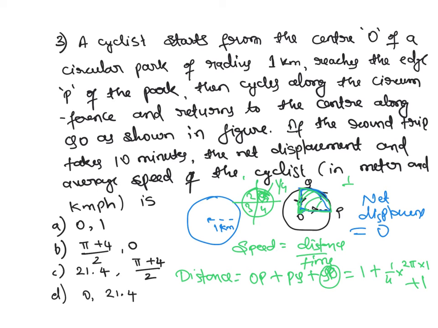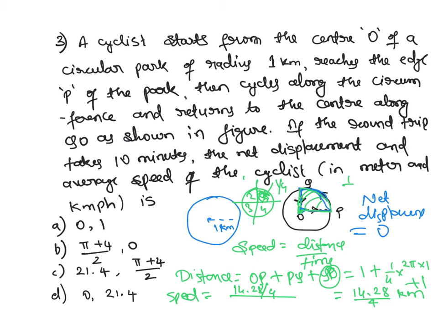So this will lead you to get the answer as 14.28 divided by 4 kilometer. Therefore the speed is equal to the distance, 14.28 divided by 4, divided by the time.